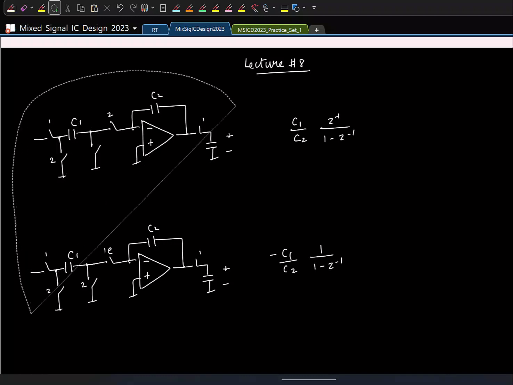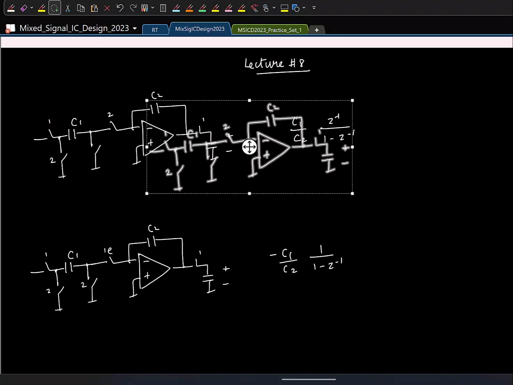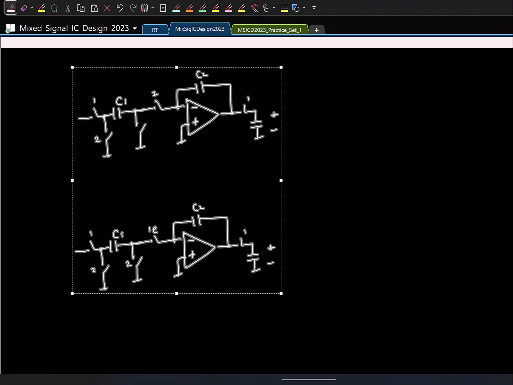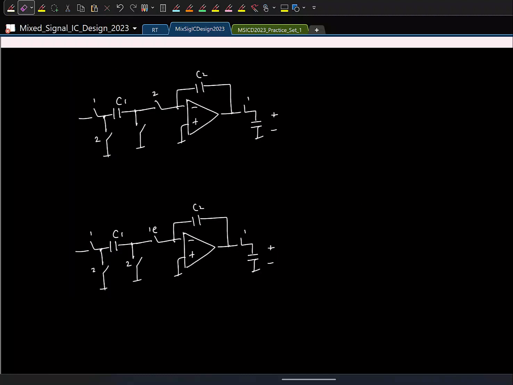And the same thing can be done for the switch capacitor amplifier also. I'll just quickly show. So first let's look at the delay free one. For the switch cap amplifier, I'll have to just reset the capacitor and connect it in every phase.